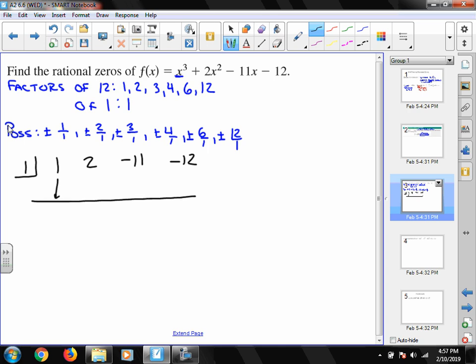Drop 1 below the line. 1 times 1 is 1. Add down. 2 plus 1 is 3. Times 1 is 3. I'm going to go -8 times 1 is -8, and I get -20. Okay? Since my last number is not 0, 1 is not a rational zero of this function.